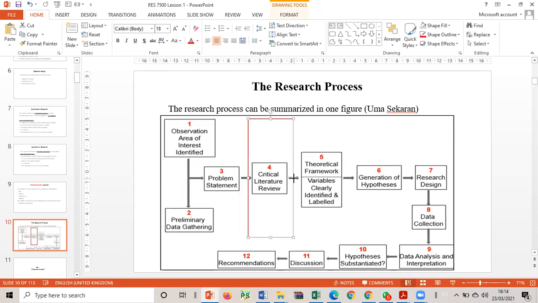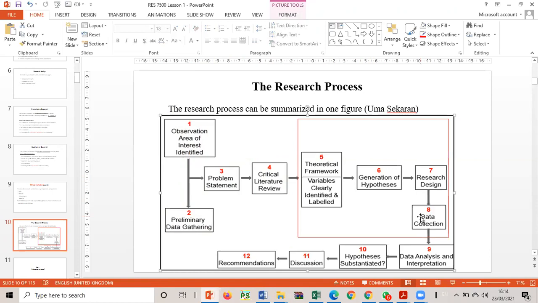How long will it take to do chapter 3? Theoretical framework, variables, generate hypothesis, research design, data collection method. How long will it take? 2 months. Yeah. It's all how you're going to do it.